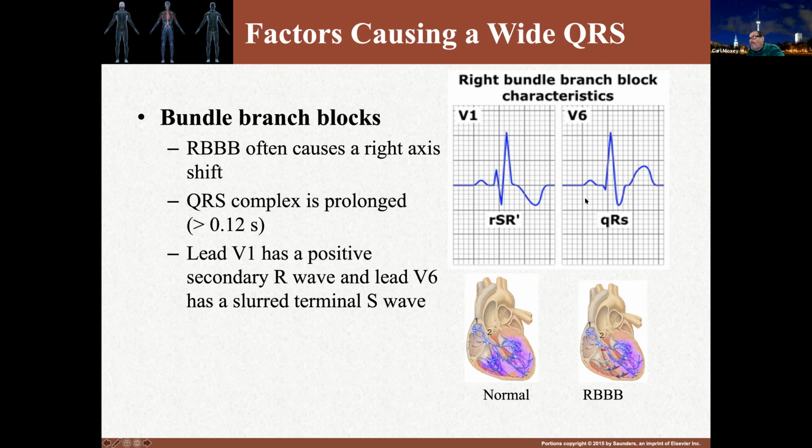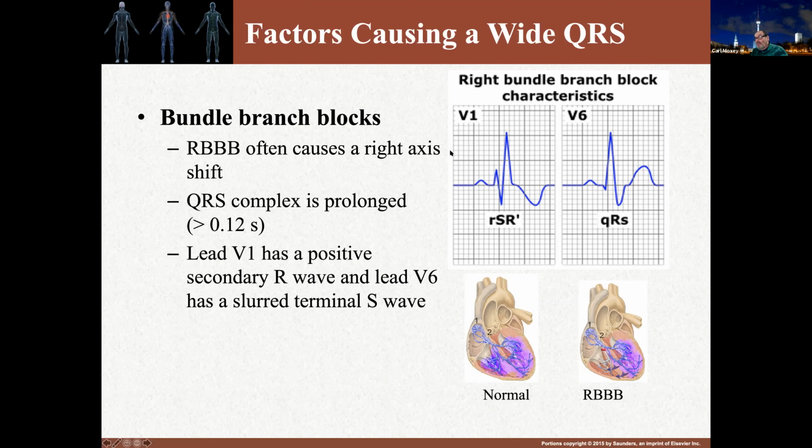So for example, in this heart here, in this V6 lead, you can see that I've got 1, 2, 3, 3.5 boxes there, which is taking me in the range of 130 to 140 milliseconds.